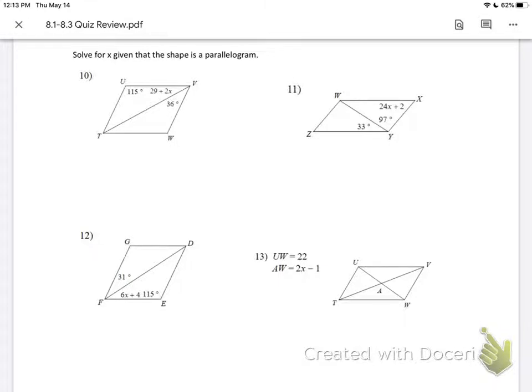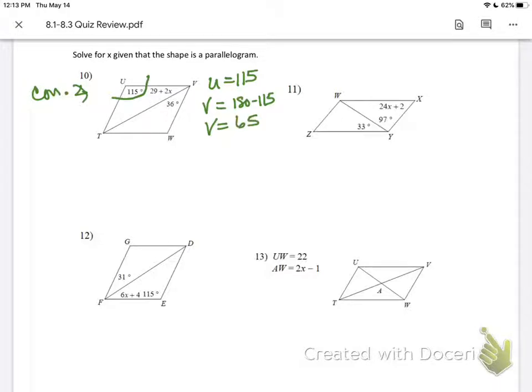Okay, solve for x given that the shape is a parallelogram. Okay, so these are consecutive angles. That's what's happening here. So in this corner, u equals 115. If u is 115, v has to be supplementary to it. So take 180 minus 115, and you will find that v has to equal 65.